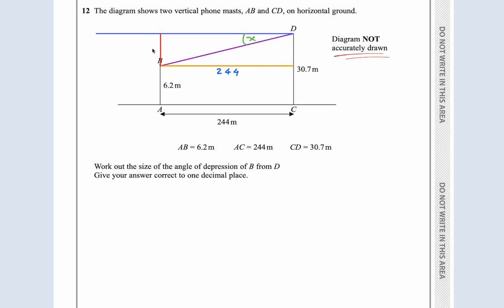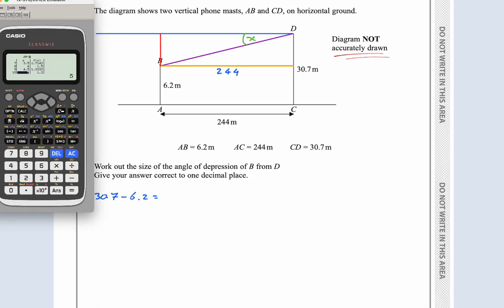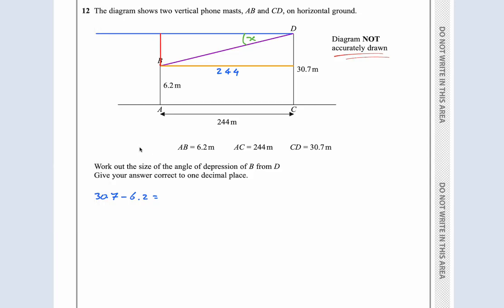This height here is 30.7. Let's just do it here. 30.7 minus 6.2. Guys, my brain isn't working today, so I'm using my calculator. 30.7 minus 6.2 is 24.5. That makes sense.